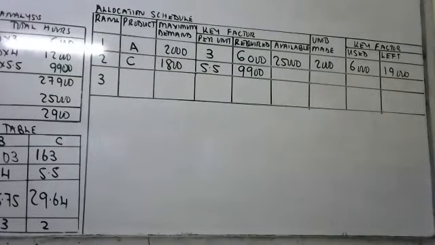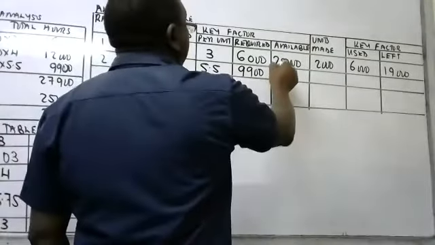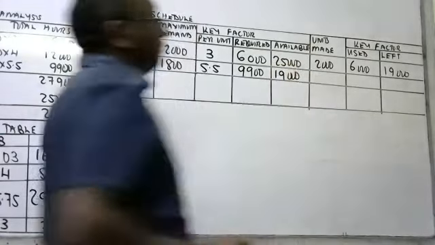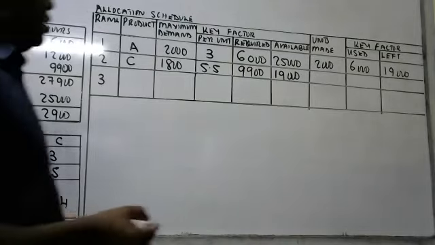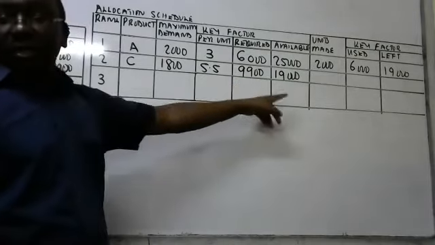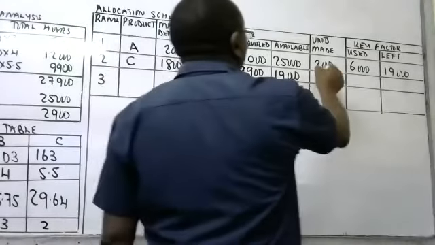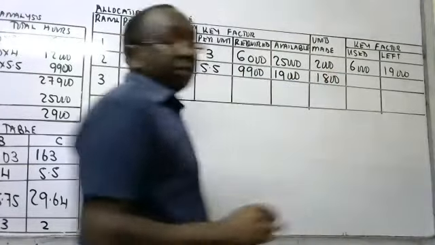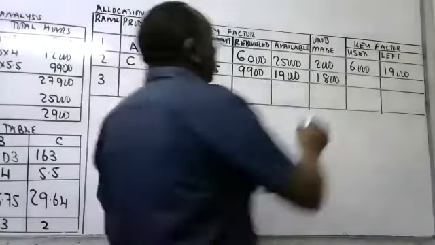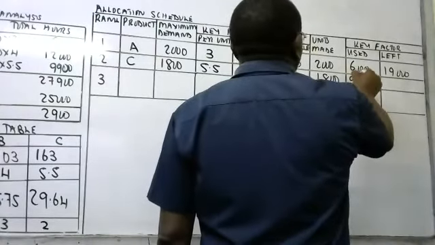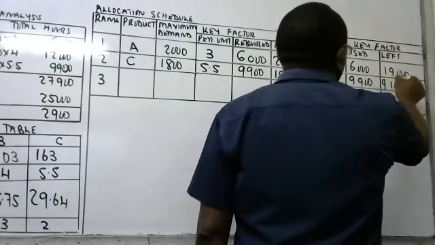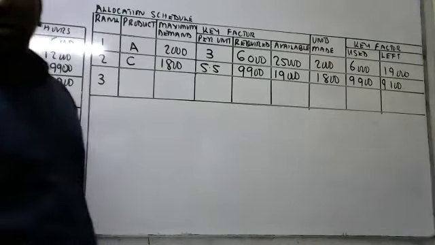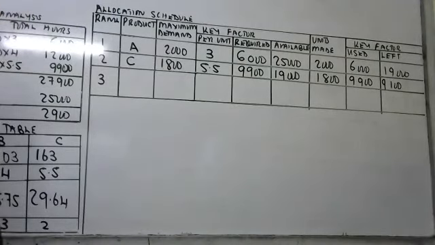The available is 19,000. Then you can afford, because what you require is less than what is available. So you make all the 1,800 units. In so doing, you will have used 9,900 and you'll be left with 9,100.